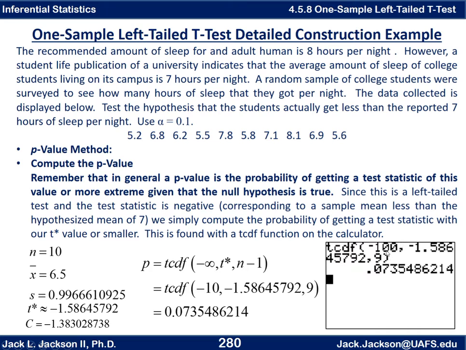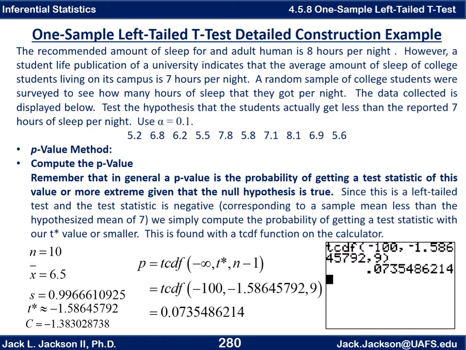In a t distribution, instead of negative infinity, you can usually use negative 100 as a replacement. We've done this many times before. Of course it's not that there's no probability or area under the PDF to the left of negative 100.